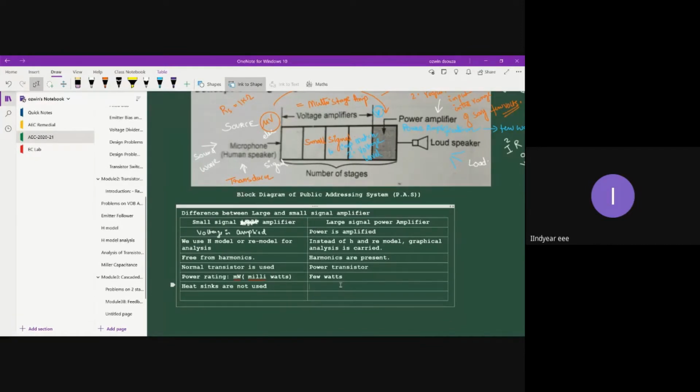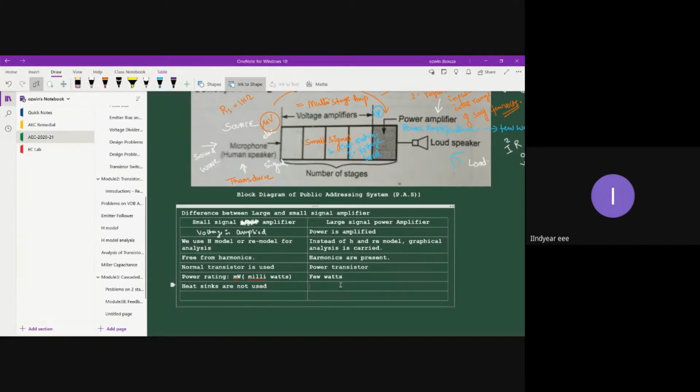Thermal breakdown is nothing but with the increasing temperature, the electron and hole pairs inside the device start increasing. Due to which there can be an avalanche effect that can eventually destroy your device due to thermal phenomenon. That's the reason it is called thermal runaway. So heat sinks are not required for small signal amplifier because power rating is very, very small.